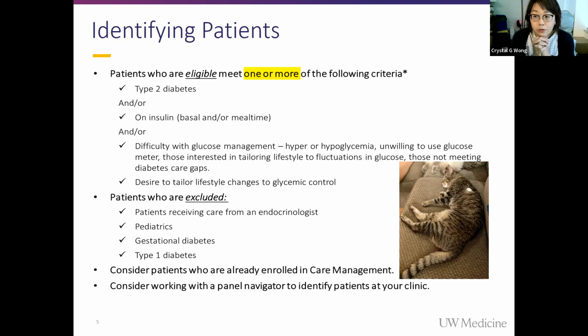I know all of you take care of patients with type 1 diabetes who may or may not be seeing endocrinology for a variety of reasons, but we're not going to include them in this program because this is a staff-supported program, and type 1 diabetes is just very different and would complicate standardized workflows. So you may have a patient for whom CGM is a good technology, but in terms of this standard program, don't enroll them into this program, though you can prescribe CGM for them.